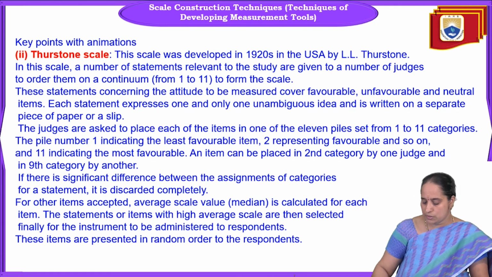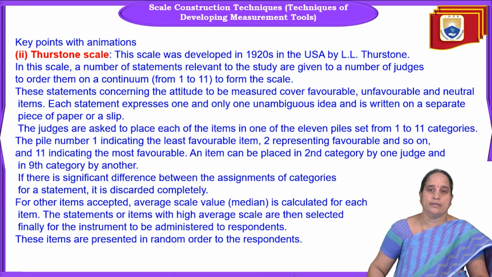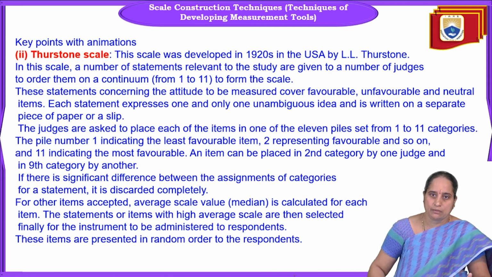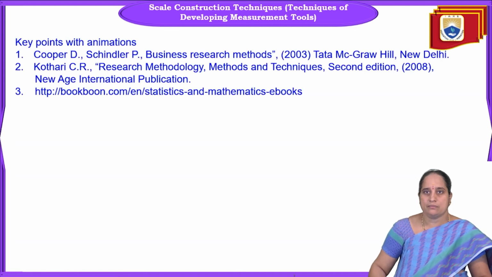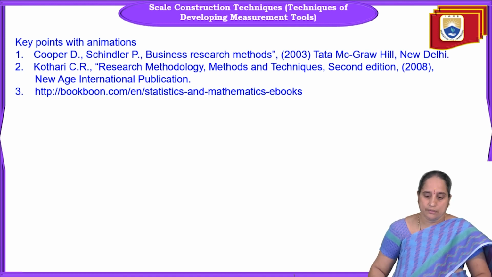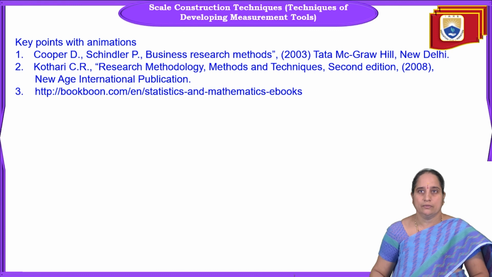These items are presented in random order to the respondents. Randomly they pick some of the items, and those should be presented in front of the respondents. That scale is known as the Thurstone scale.